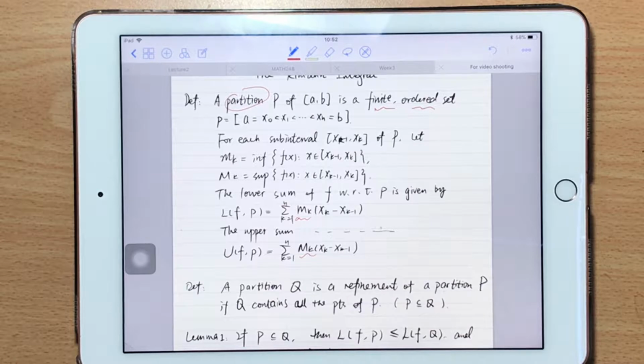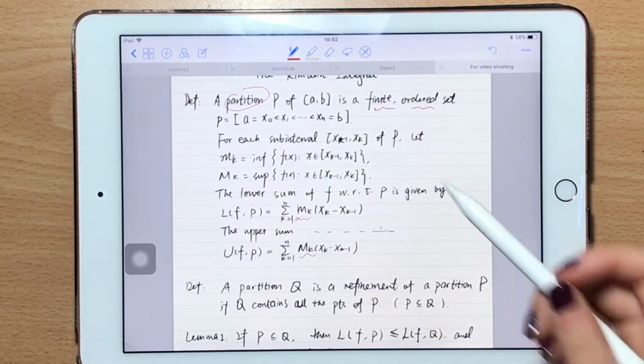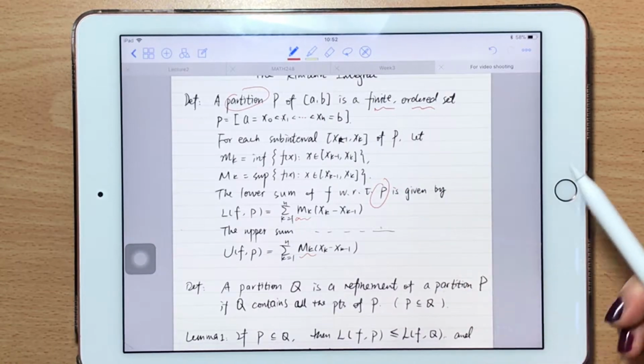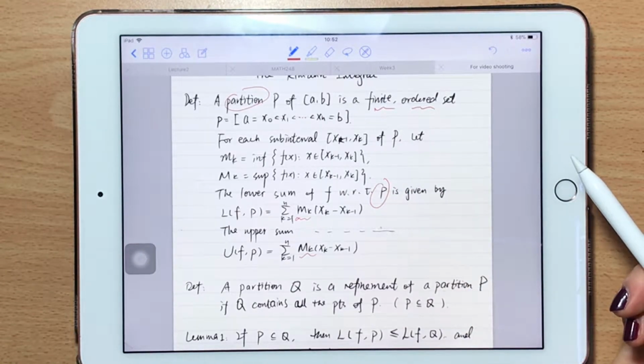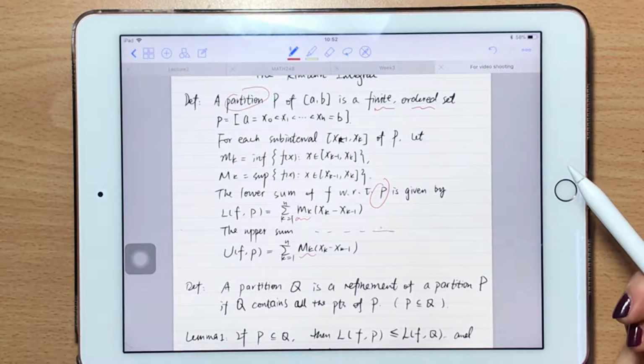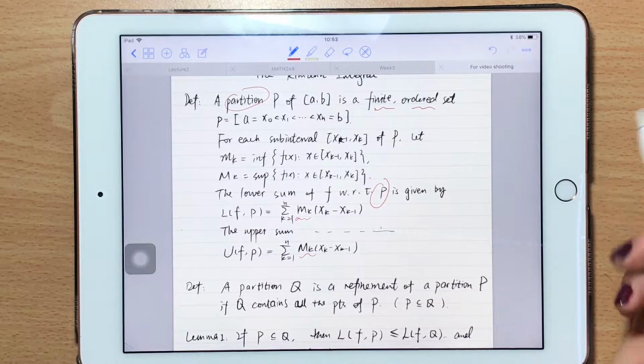And you have to pay attention that the lower sum and upper sum of f are related to how you partition it. Different partitions can obviously give you different lower sums and upper sums, right?